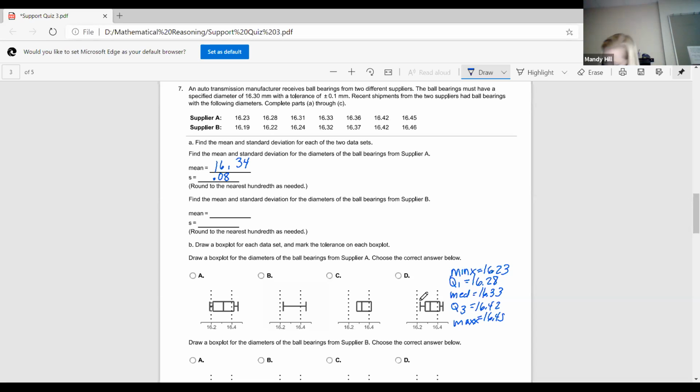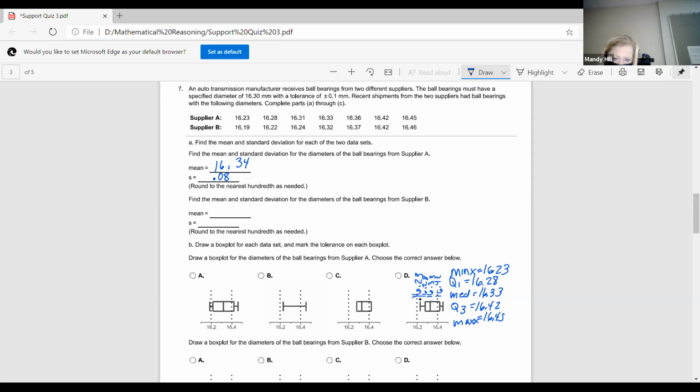And what this would mean on this problem, let me see if I can turn this a little bit. So this would be our 16.23. The next number would be a part of our box, which would be 16.28. Then the next part of our box would be our median, 16.33. Then 16.42. I'm just getting these numbers from right here.